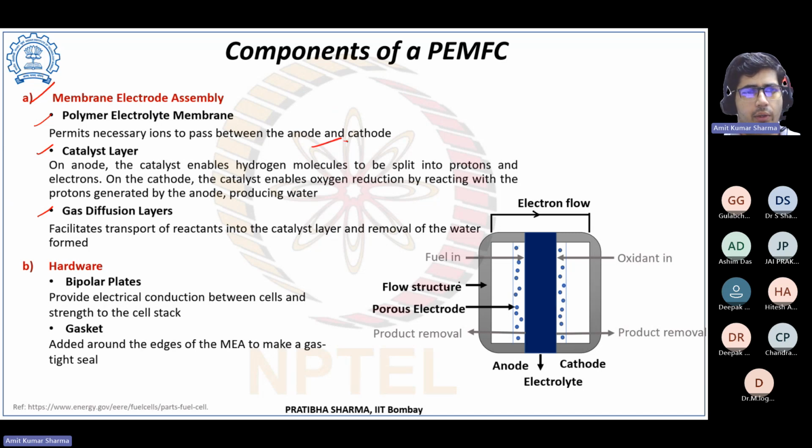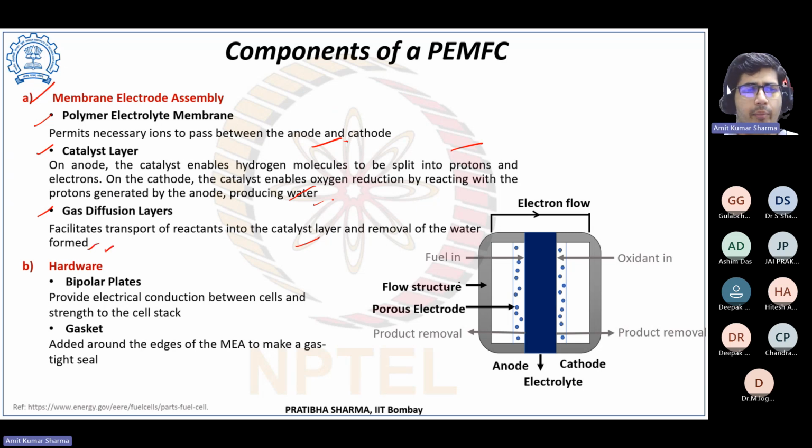Catalyst layer: on the anode, the catalyst enables hydrogen molecules to be split into protons and electrons. On the cathode, the catalyst enables oxygen reduction by reacting with the protons generated by the anode, producing water. The gas diffusion layer facilitates transport of reactants into the catalyst layer and removal of water formed.